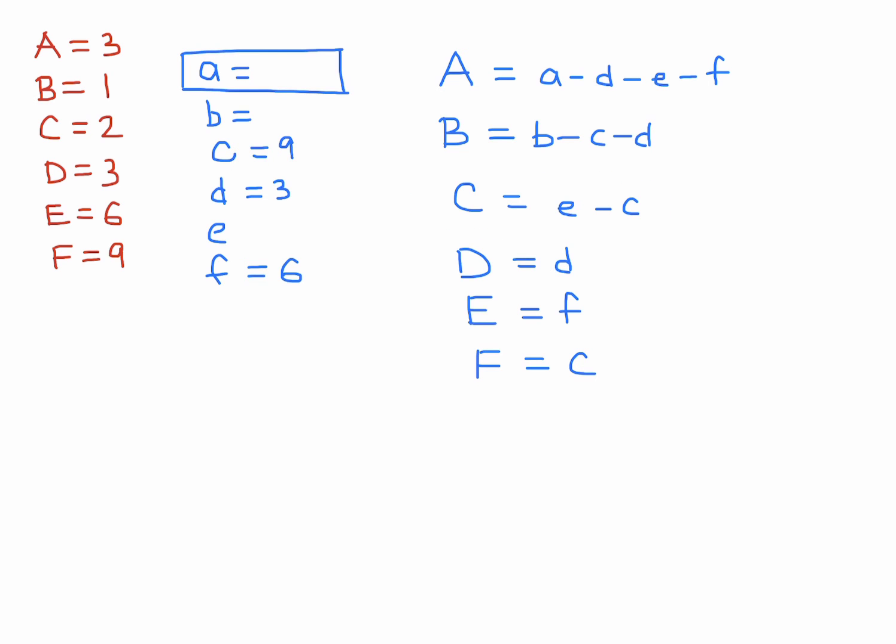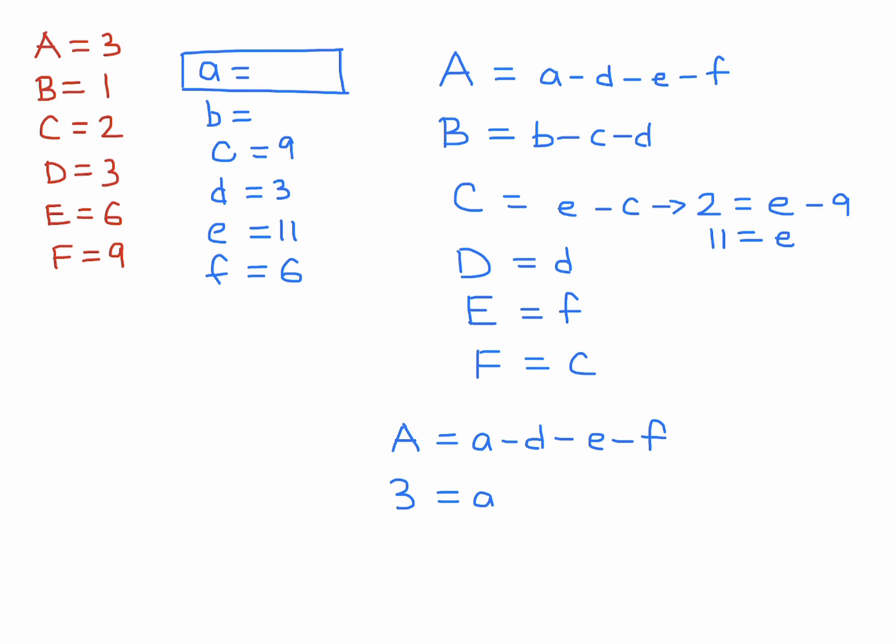Well, from this equation right here, big C is equal to e minus c. Well, big C is 2. So 2 is equal to e minus c. And c, small c, is 9. So therefore, small e is 11. And then from this equation right here, our big A is equal to a minus d minus e minus f.